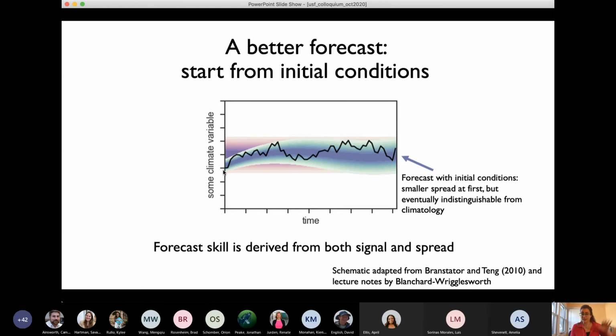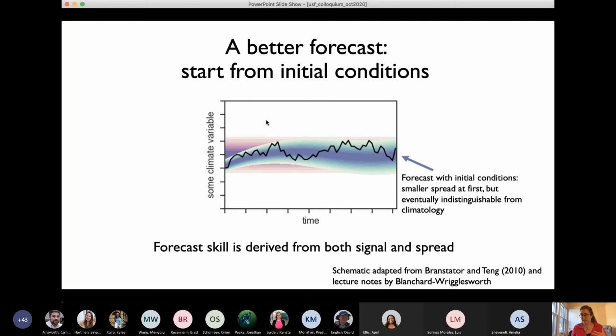Over time, that spread widens out, and eventually your initial value prediction looks very similar to what climatology is. So that initial value predictability wears off over time. But if you're at the first part of your time period, it gives you more skill in predicting what happened.